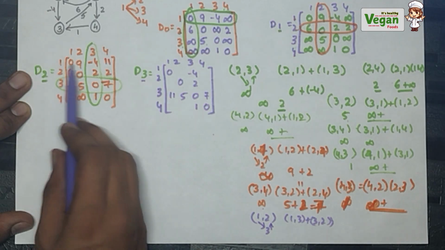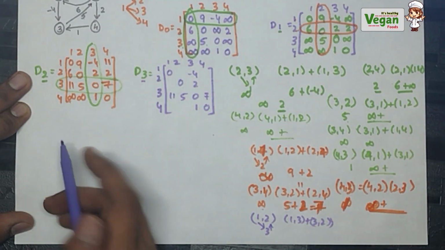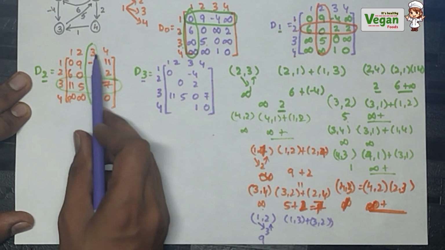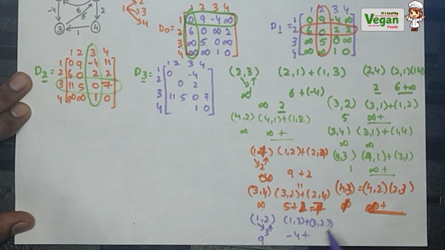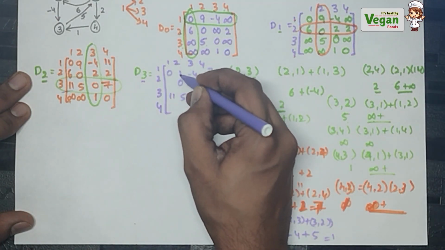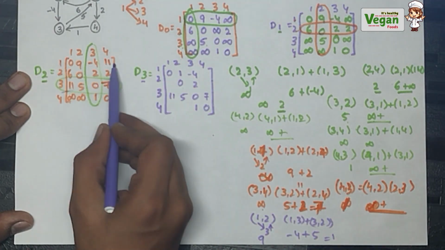In D2, 1 comma 2 value is 9 and 1 comma 3 value is minus 4 plus 3 comma 2 value is 5. So minus 4 plus 5 is 1. Among 9 and 1, 1 is the smaller one. So write 1.